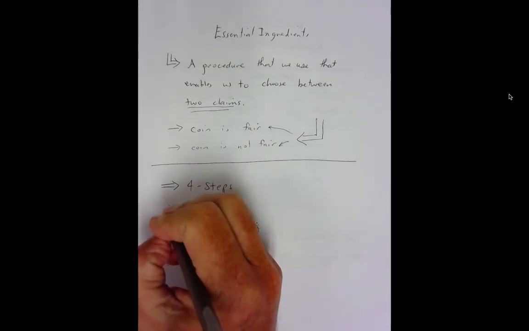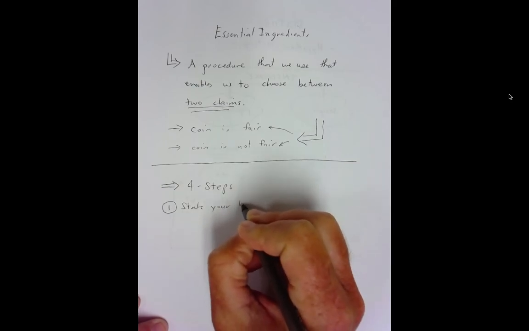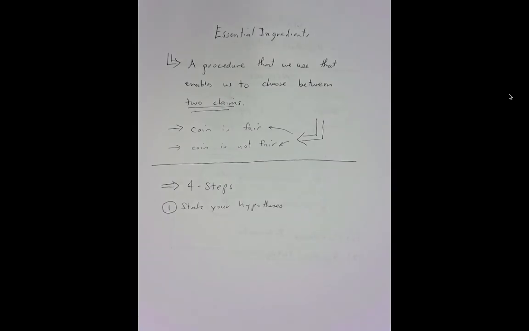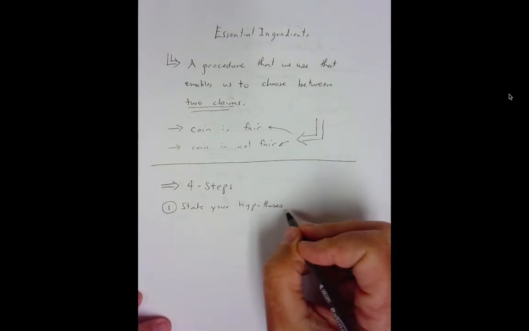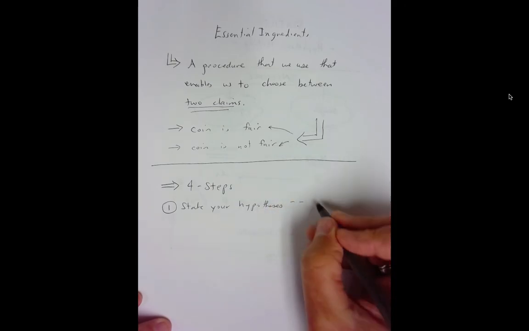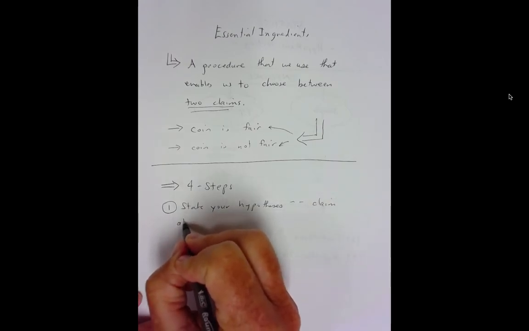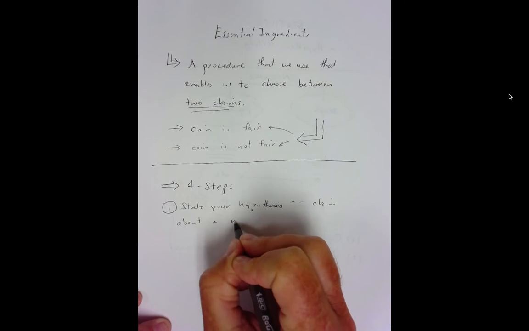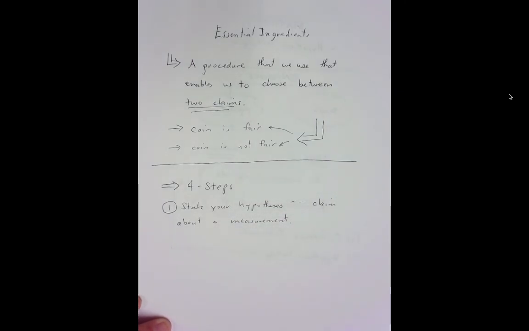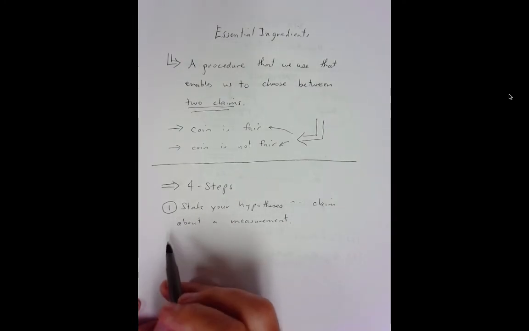So, first step, you want to state your hypotheses. Now, a hypothesis is typically an educated guess, right? But in our context of hypothesis testing, a hypothesis is a claim about a measurement. Okay? So that's going to be the first thing. And I'm going to teach you more about this in this video.